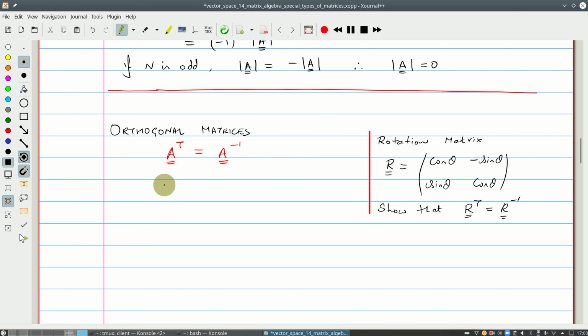Now, the determinant of an orthogonal matrix is special. It's equal to plus or minus 1. And here's how it's going to end up.